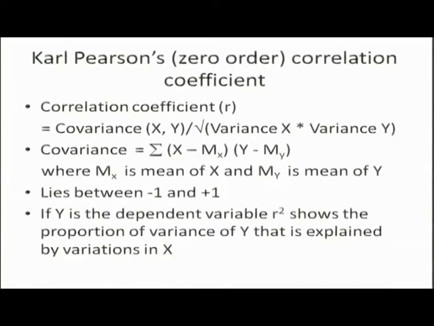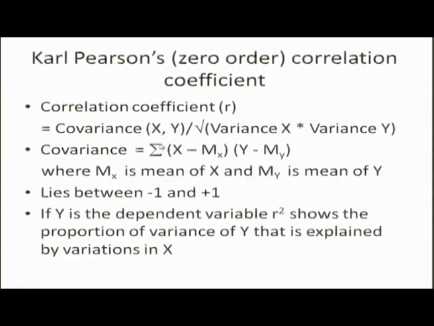Karl Pearson's correlation is defined like this: covariance between X and Y divided by the square root of variance of X and variance of Y, or some people may write standard deviation of X into standard deviation of Y. Covariance is this. I have not divided this by n because n is a fixed number anyway, sample size or population size.